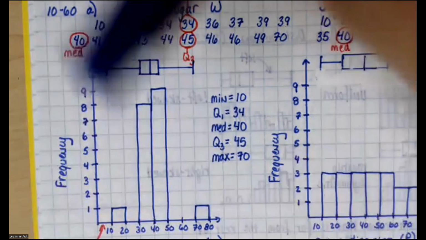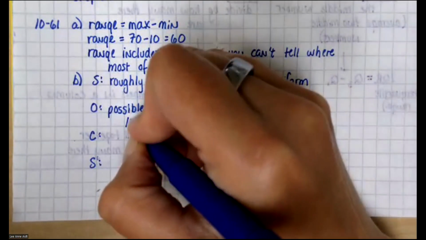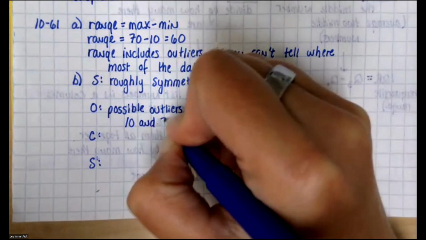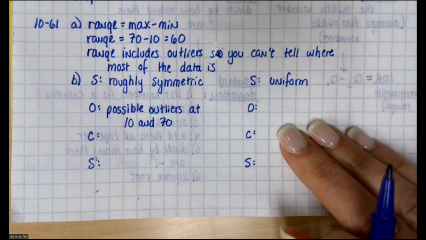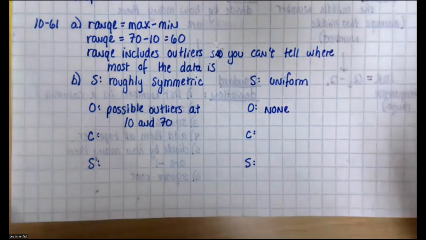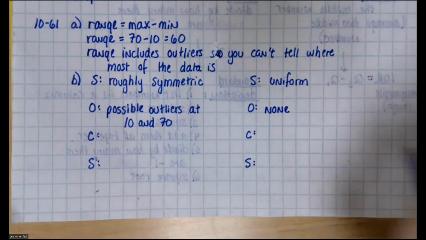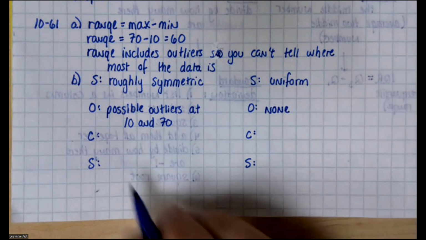Yeah, 10 and 70. Does the uniform graph seem to have any outliers? No. And it's totally okay to write none there. Actually, it's better to write none there. You don't want outliers. Outliers are bad.